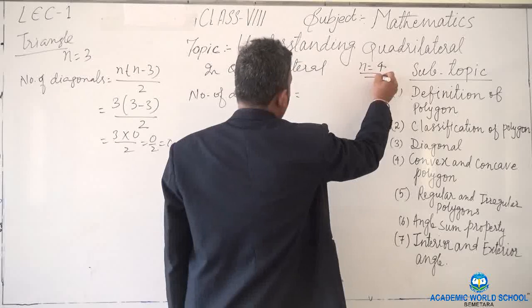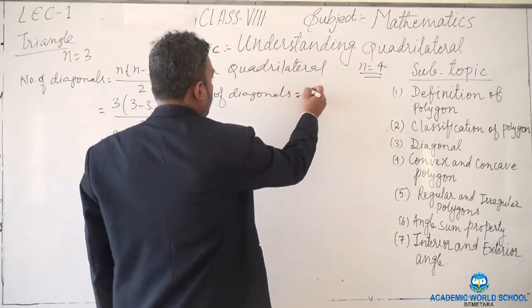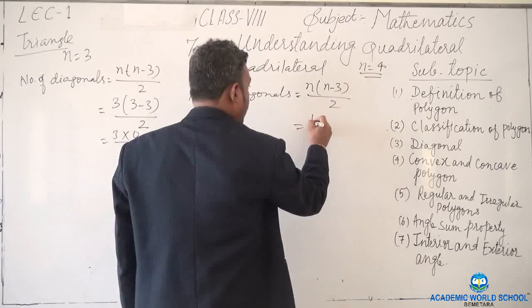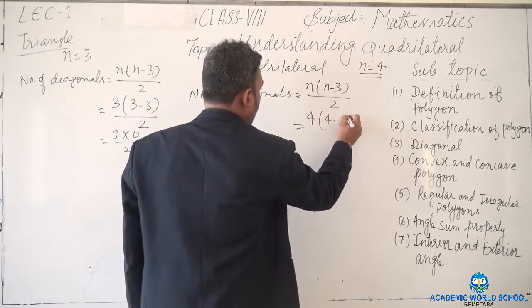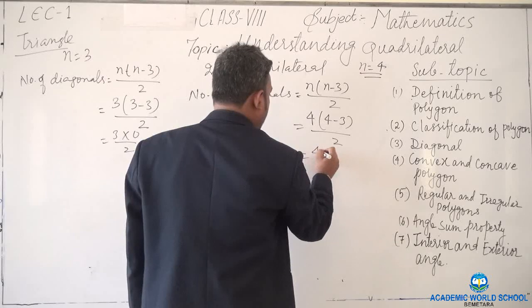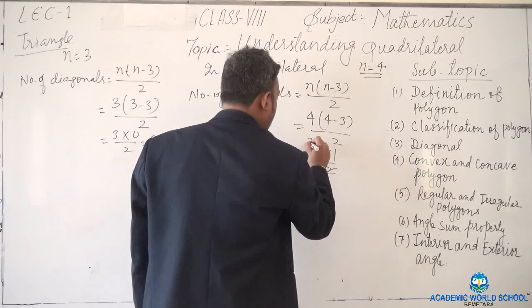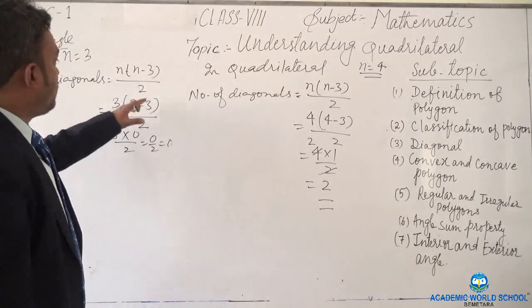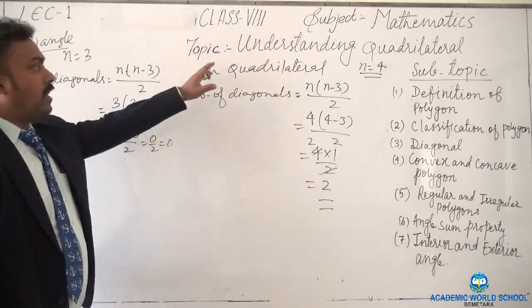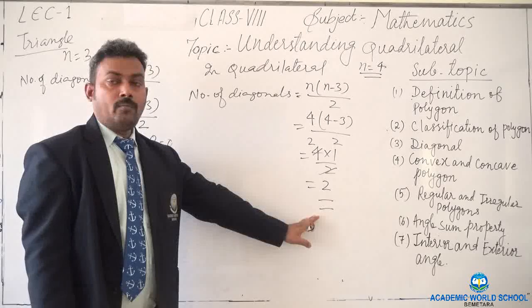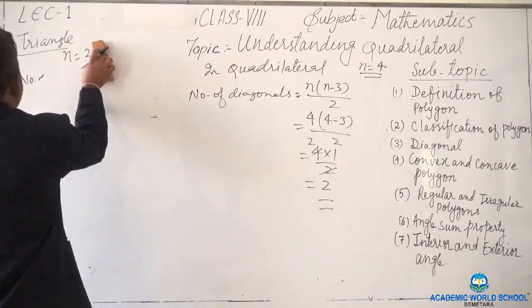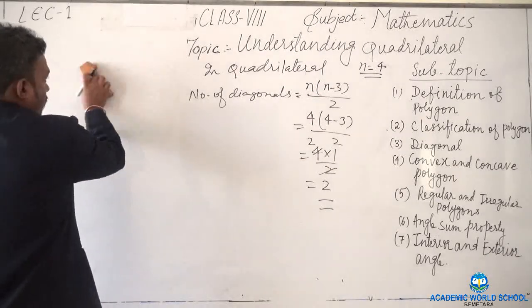So the value of n will be 4. So it's 4 into 4 minus 3 by 2, so 4 into 1 by 2, so 2 into 1 is 2. So the number of diagonals in a quadrilateral is 2.